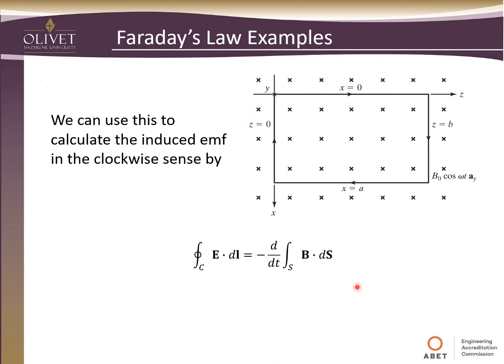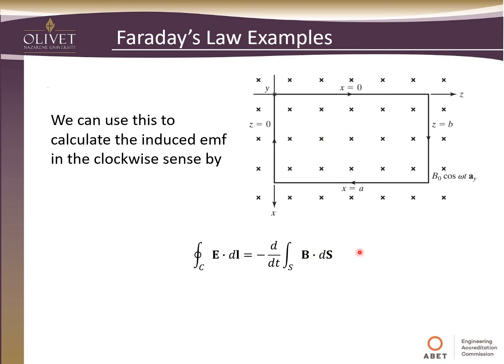To do this, we'll go back to Faraday's law, where he told us that this EMF, which is what this represents, the E field around the loop, is going to be equal to the negative time derivative of the flux, which is the summation of the magnetic flux density dotted with the area vector for this space.